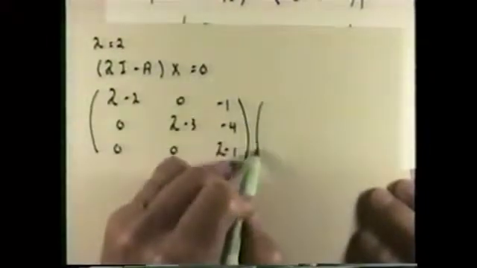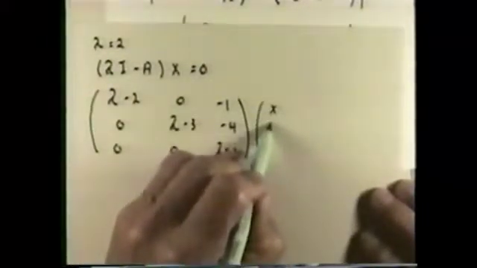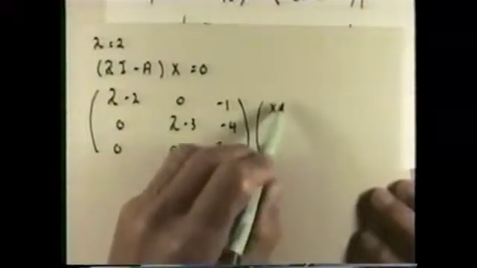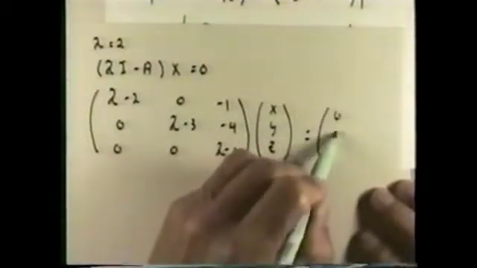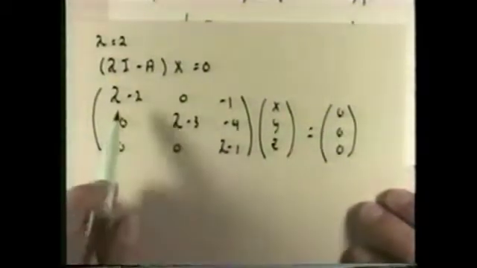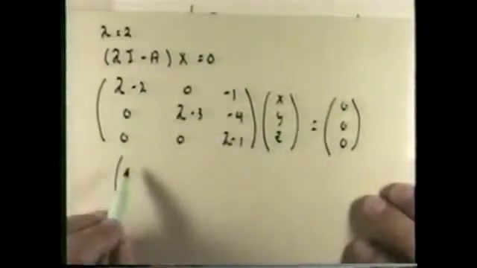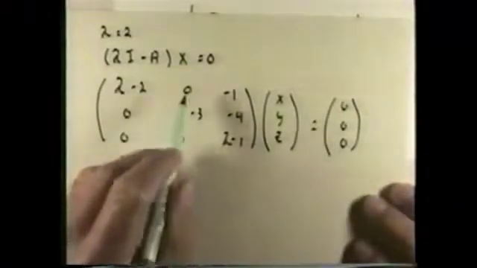times the X matrix, and we'll call the X matrix x, y, and z, is equal to the 0 matrix, 0, 0, 0. Now for lambda equal to 2, 2 minus 2 is 0.